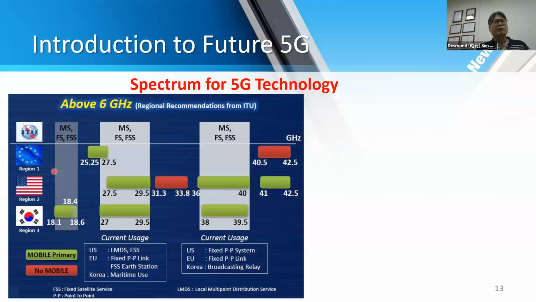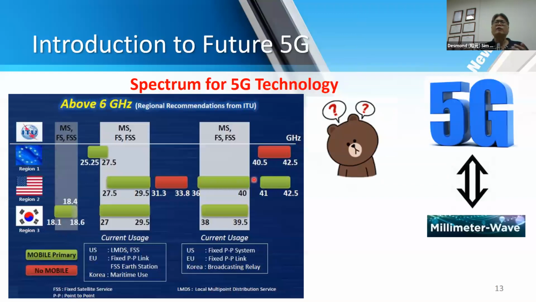I'm not so sure about India right now, but in Taiwan, we haven't really come to a conclusion about what kind of millimeter wave band we should be using. Our best guess is that we are going to use the same as what the Americans are using at the moment. And so how can we develop that?